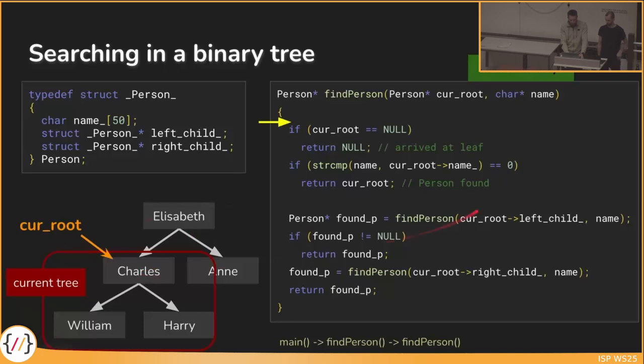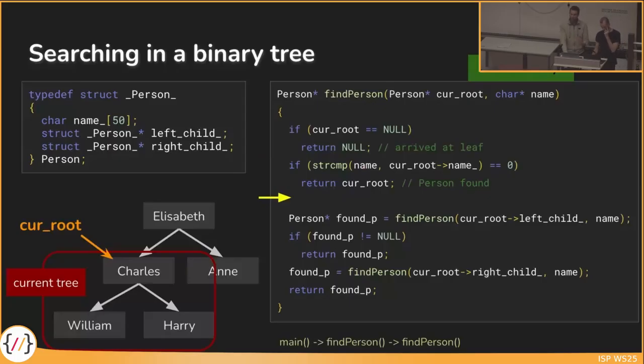Charles is now the root, and we do basically the same. Is our current root null? No, it's not, because it's Charles. Is the name of our current root Harry? No, it's not. So we still haven't found Harry.